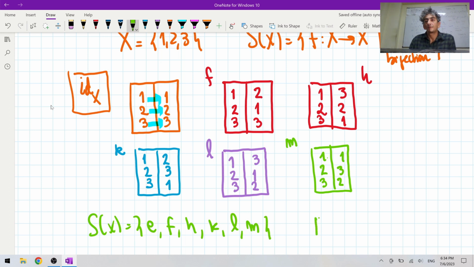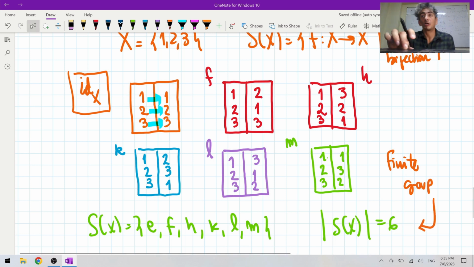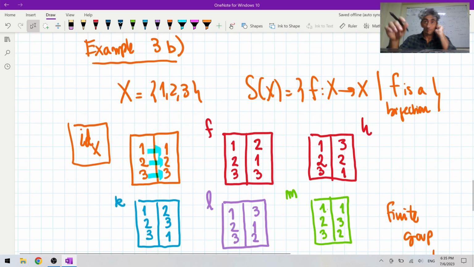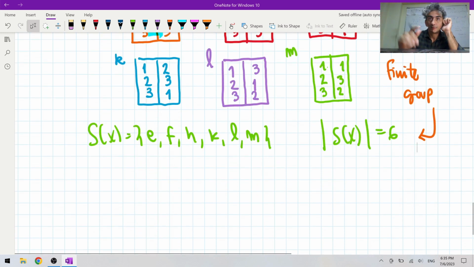So we say that S(X) has exactly 6 elements. This is a finite group because it has a finite number of elements. So we will show now that this is a non-commutative group using composition. Let's show with an example.